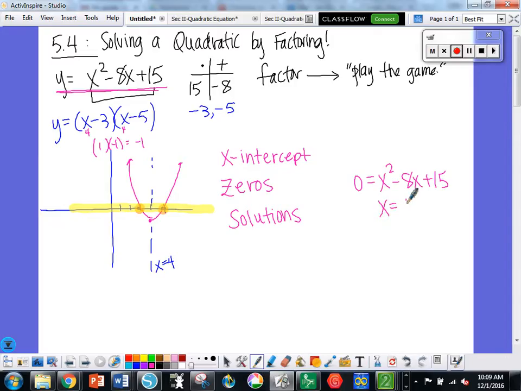From here, 3. From here, what? 5. These would be the solutions of my equation. So where the graph crosses the axis, that is the solution to the equation. Our goal for today is to get a bunch of equations and solve them. Okay? So in order to solve them, we'll have to find the x-intercept.